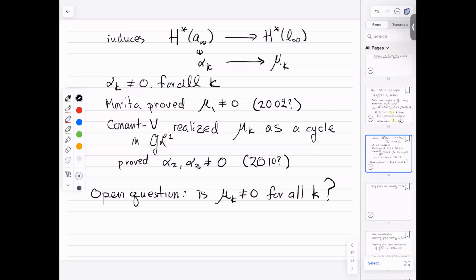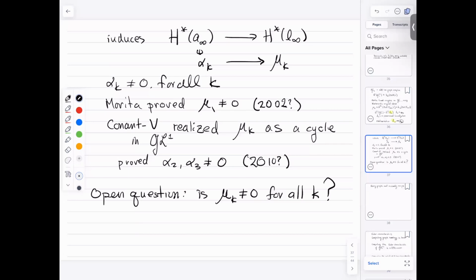But an open question for you all: we wrote several papers about these classes, these cycles, which are called Morita cycles. We gave lots of ways of thinking about them, which allowed us to prove that the second and third one weren't zero. But we don't know whether they're all non-zero or not. And this is really intriguing, for many reasons.